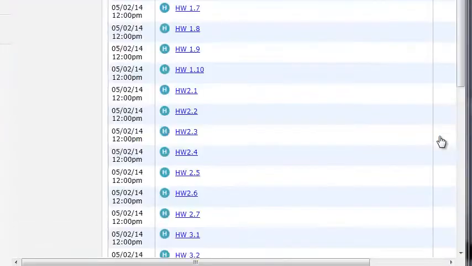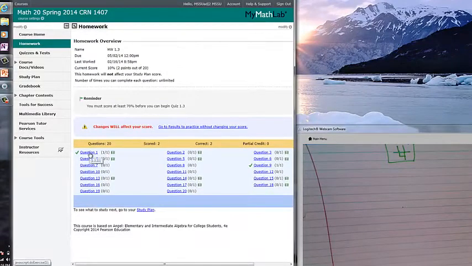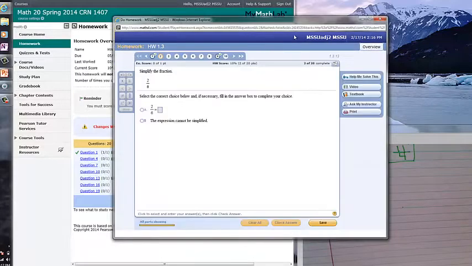Click OK. Oops, I've already attempted it, that's the problem. So if you've already attempted it, it'll show you, hey, you've already done problem 1, hey, you've done problem 9, but you can just click on any problem and it'll start you from there. You can go back and reattempt your homework as many times as you'd like, so I really recommend doing that, especially when it comes time for studying.